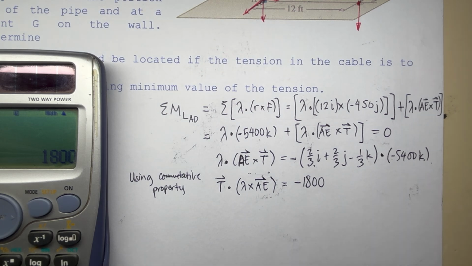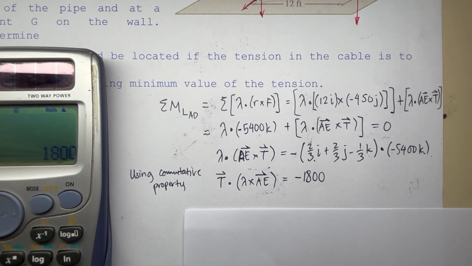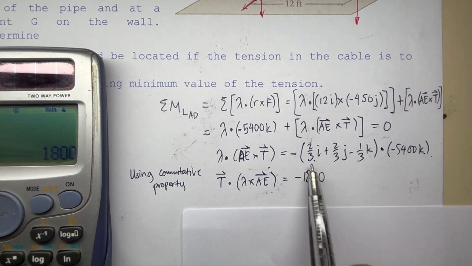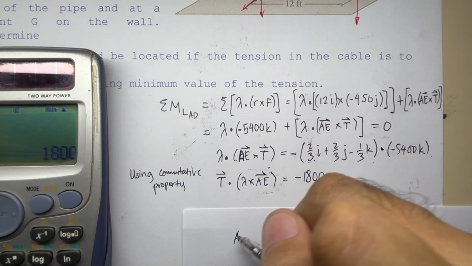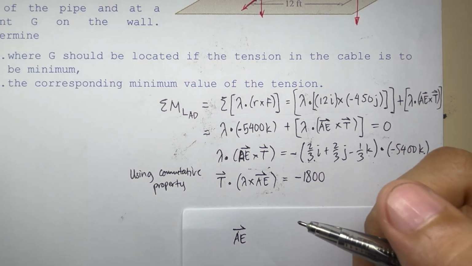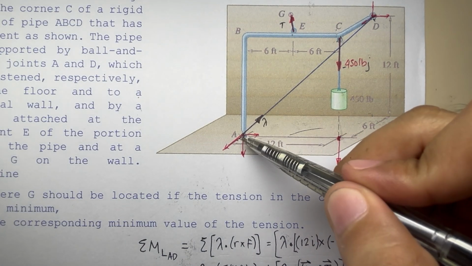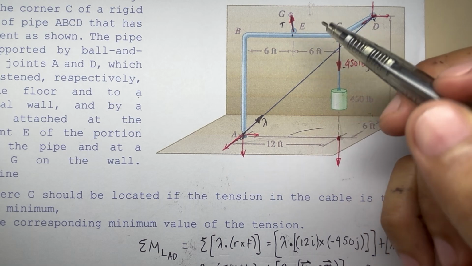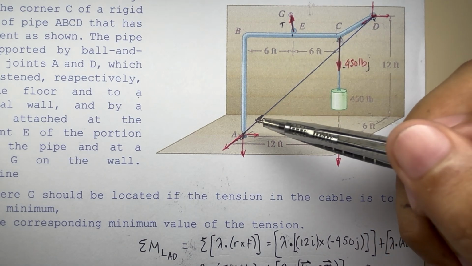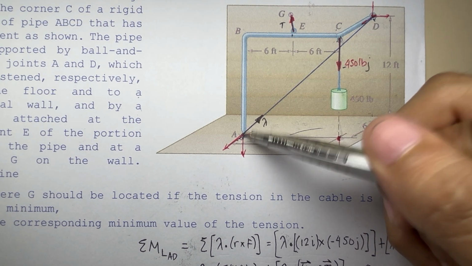Now, what would be the value of our lambda cross AE? Here, we already know lambda, this expression here. So we need to know AE. Vector AE is just the vector from point A going to E. How would we go from A to point E?